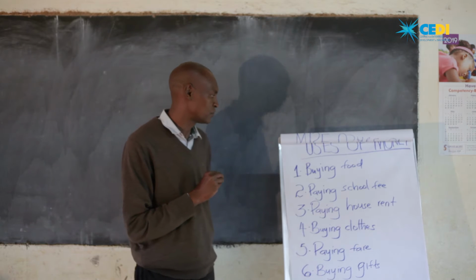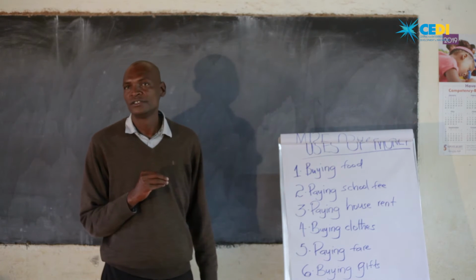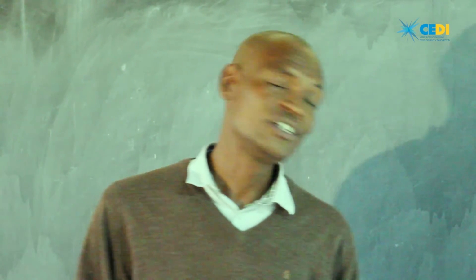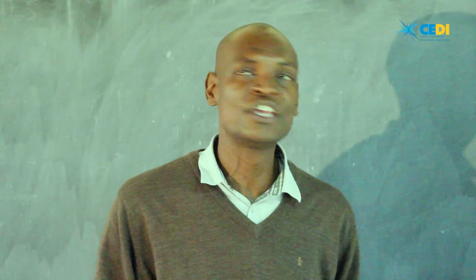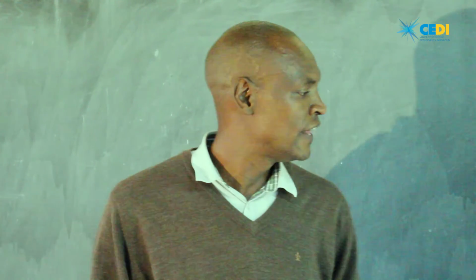For example, when you buy food, most of you have been sent to buy even nyama, even unga, such things at the shop. But are you being sent without being given some money by your parent? I don't think so. In most cases, you are given some 100 shillings or 200 shillings, and then you are able to buy the food that you have been sent for.